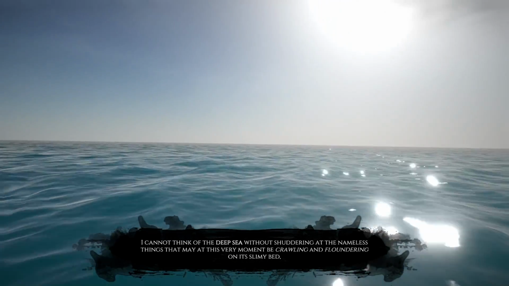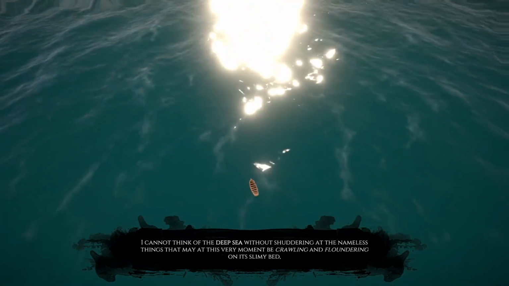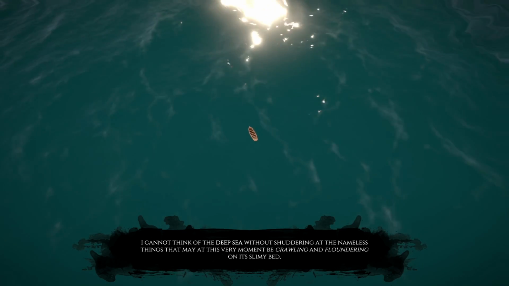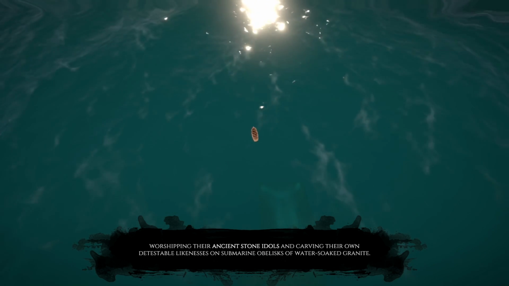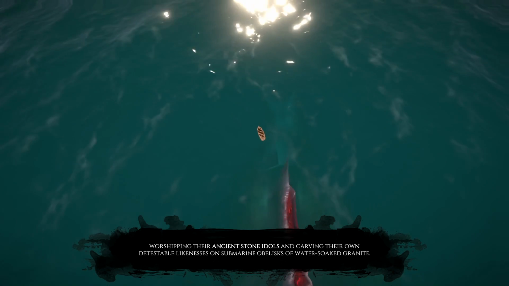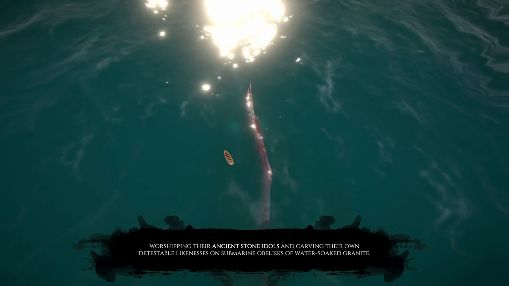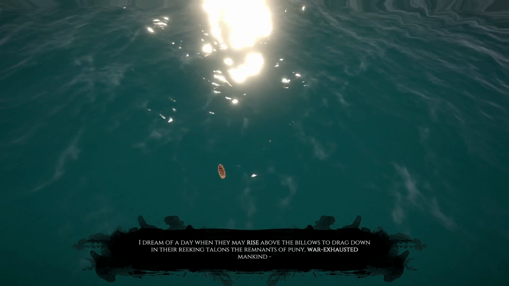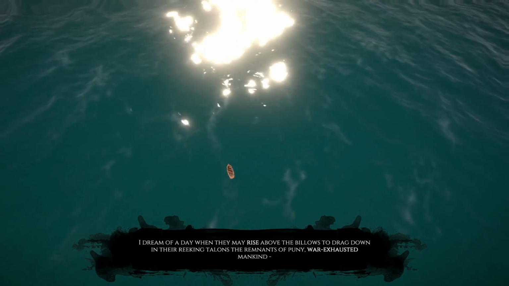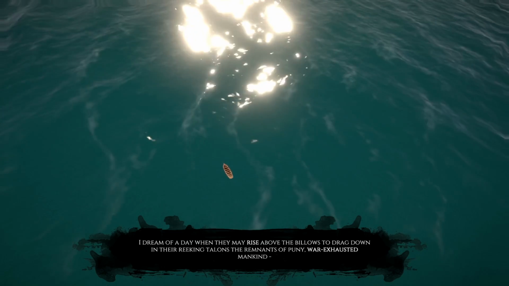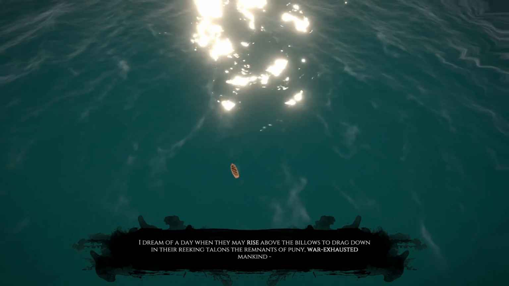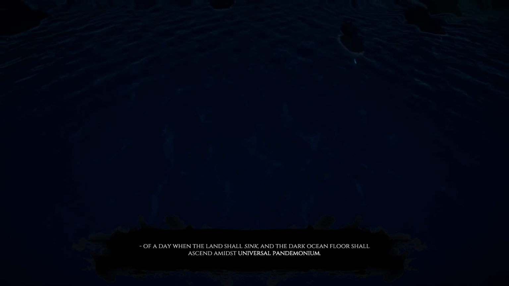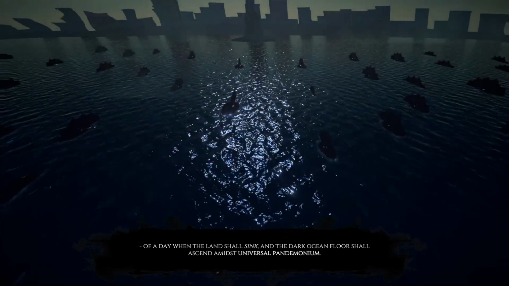I cannot think of the deep sea without shuddering at the nameless things that may at this very moment be crawling and floundering on its slimy bed, worshipping their ancient stone idols and carving their own detestable likenesses on submarine obelisks of water-soaked granite. I dream of a day when they may rise above the billows to drag down into their reeking talons the remnants of puny, war-exhausted mankind. Of a day when the land shall sink and the dark ocean shall ascend amidst universal pandemonium.